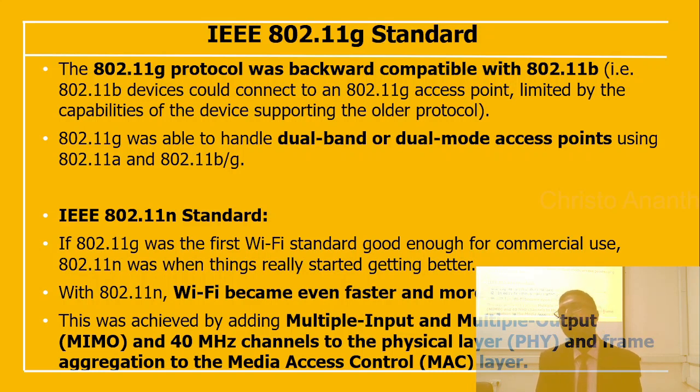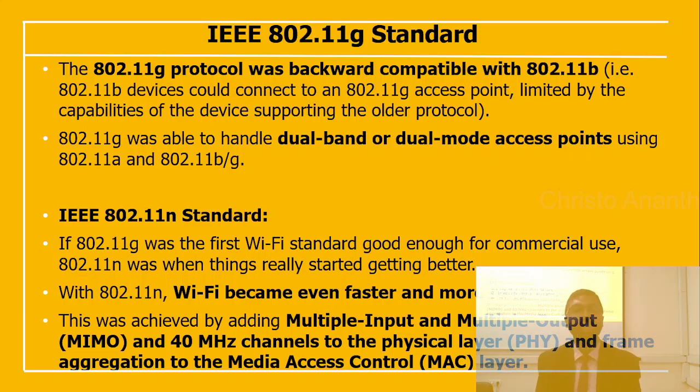802.11g was able to handle dual band or dual mode access points using 802.11a and 802.11b/g. Then we'll have the 802.11n standard. If 802.11g was the first Wi-Fi standard good enough for commercial use, 802.11n was when things started to get better.